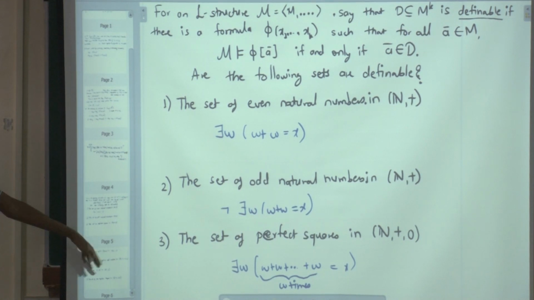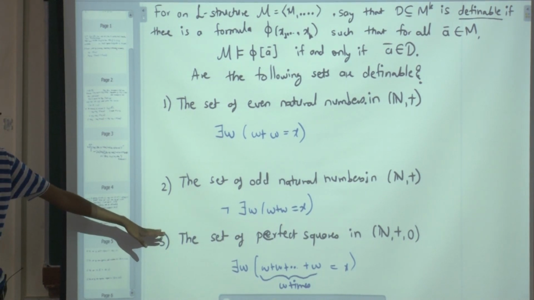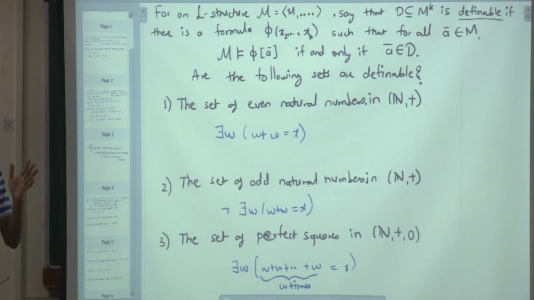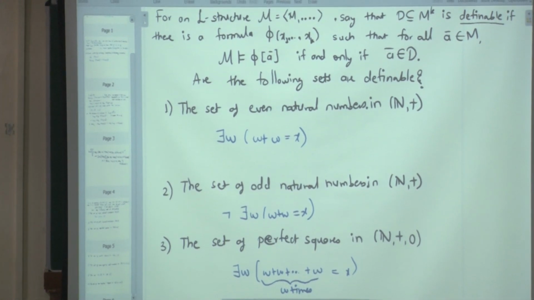Did we ever allow this kind of thing? We can only add it to itself finitely many times, and that finite number has to be predetermined. It can be 100, but it cannot be a variable itself. So this is not right.